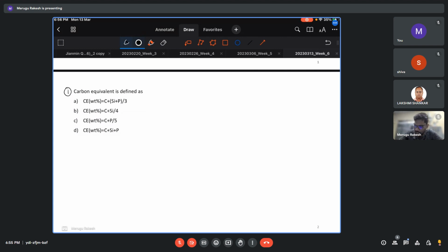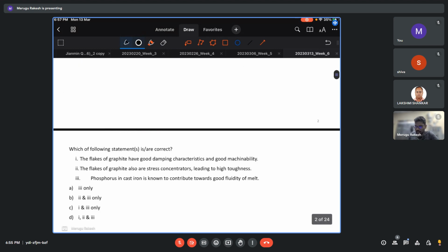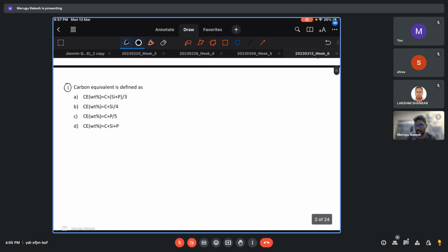Yeah, I think I will explain. Just you can answer, then I will explain about this carbon equivalent using these phase diagrams. You can put the answer in the chat box or you can directly unmute and speak.